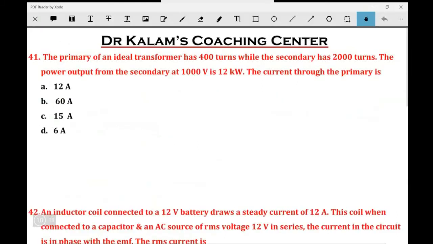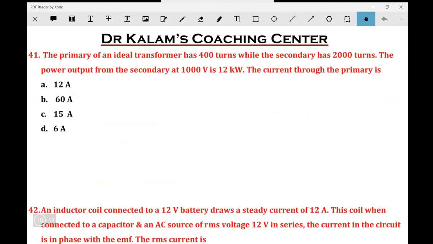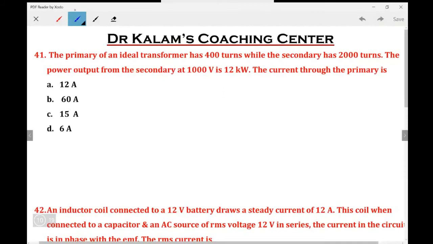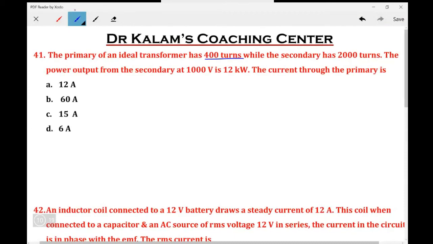So next, question number 41 says that... I will do two or three more questions and leave the rest for you to do. See, the primary of an ideal transformer has 400 turns, while the secondary has 2000 turns. The output power from the secondary at 1000 volt is 12 kilowatt.